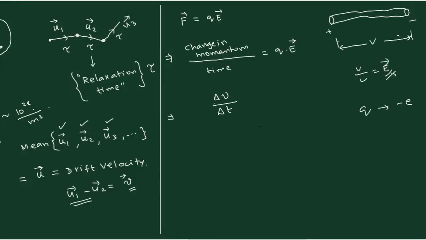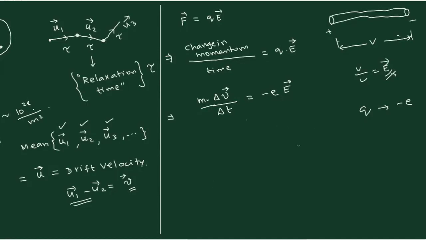Then we can write it like this: delta V, where the mass of the electron is a constant, so we can write the mass as a common factor, only the velocity changes, divided by delta T, will be equal to minus E for the Q, and then the electric field is E, and the velocity will take care of the vector quantity, because left side and right side you must balance them. So this is the idea.